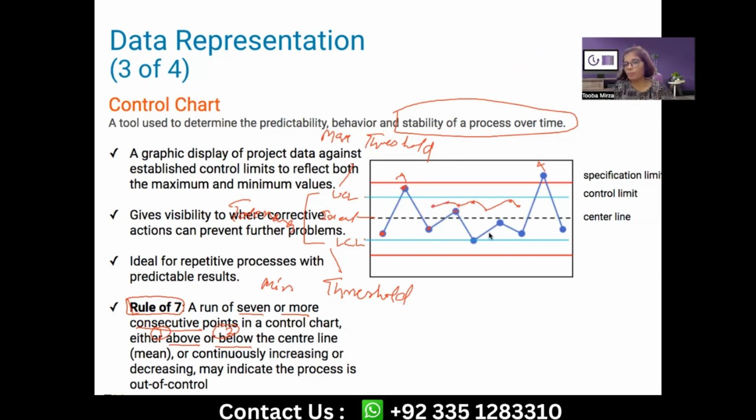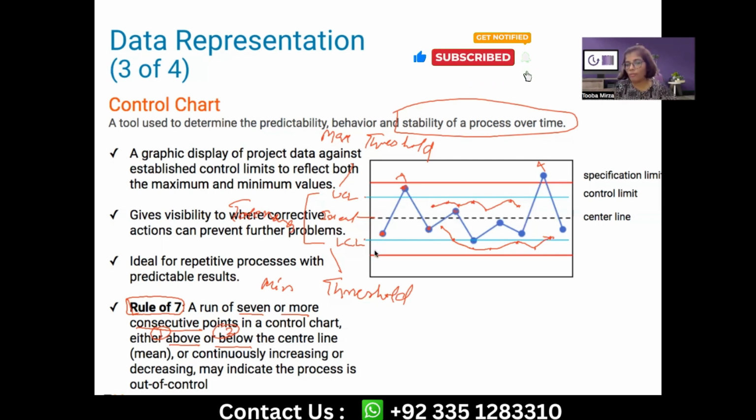Then this is a problem. And in a similar way, if you have something like this, then this is also a problem. 7 or more. If it is 7, you should stop. So this is a problem. Below the center line, 7 consecutive points, or above the center line, 7 consecutive points.